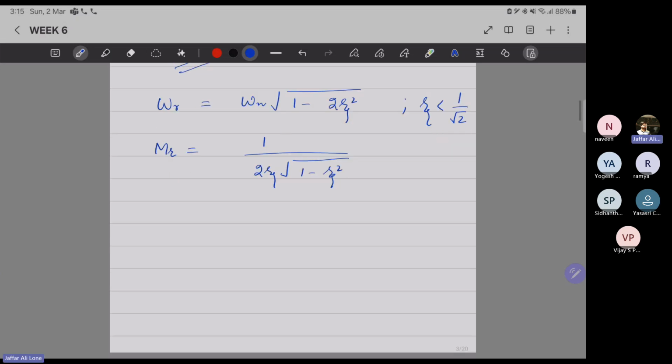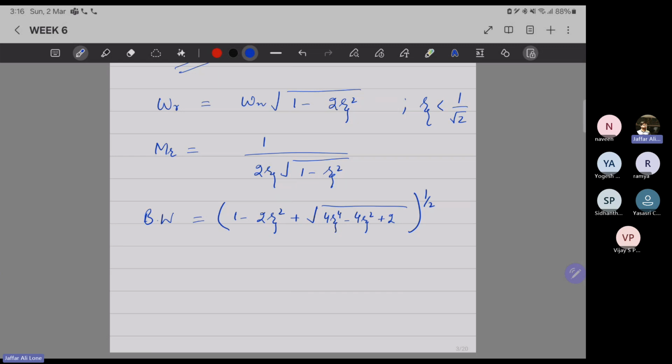And the formula for bandwidth is omega n times the square root of 1 minus 2 zeta square plus the square root of 4 minus 4 zeta square plus 4 zeta to the fourth. So these are the formulas for resonant frequency, resonant peak, and bandwidth.